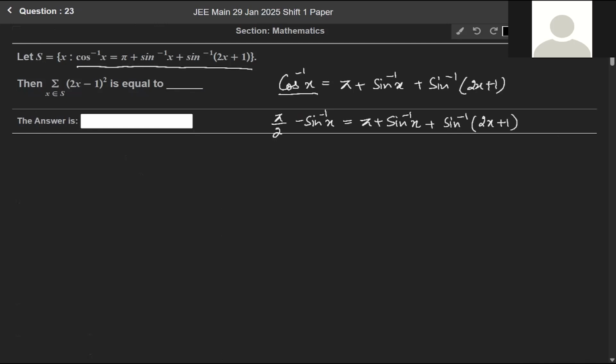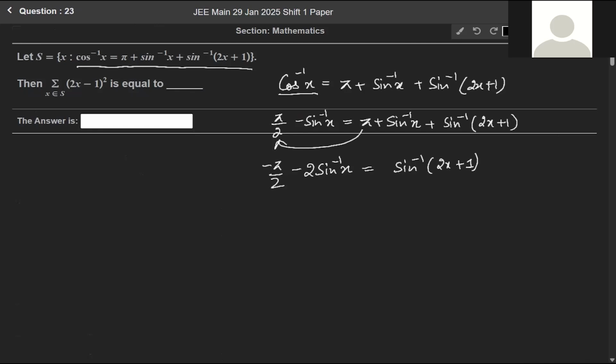Now, pi by 2 minus pi will be equal to minus of pi by 2. And minus sine inverse x and minus sine inverse x will become minus 2 sine inverse x. It will be equal to sine inverse 2x plus 1.